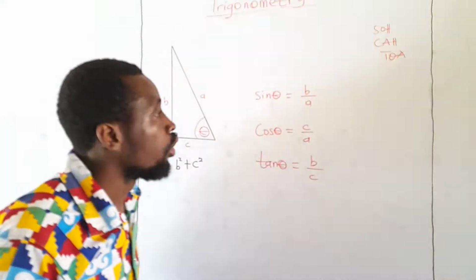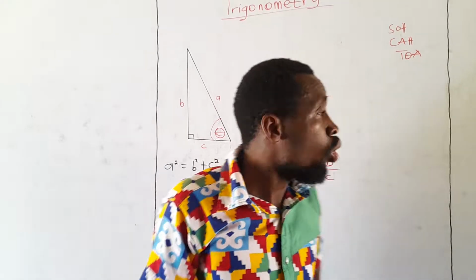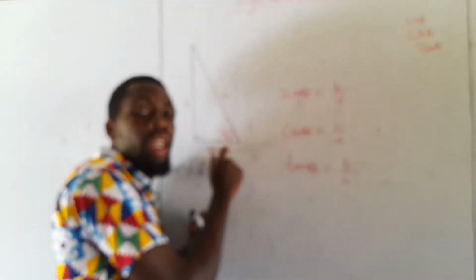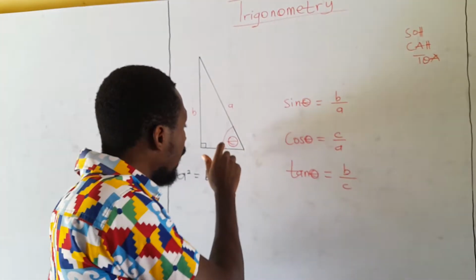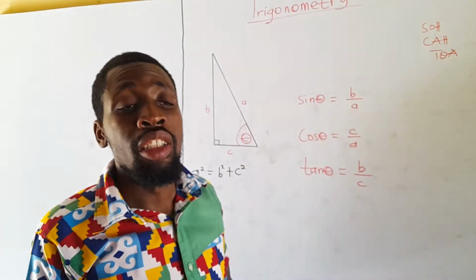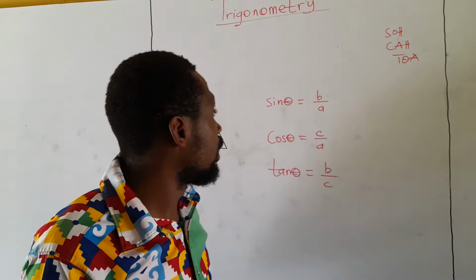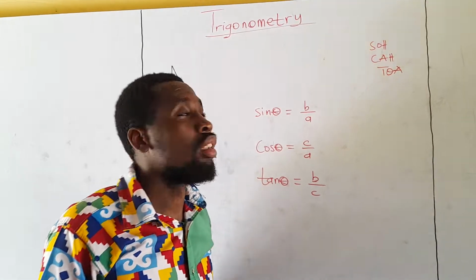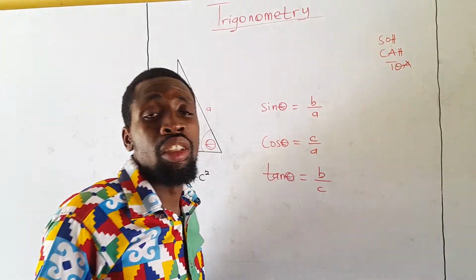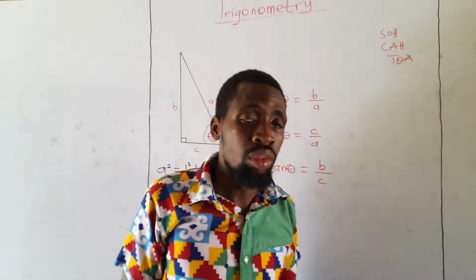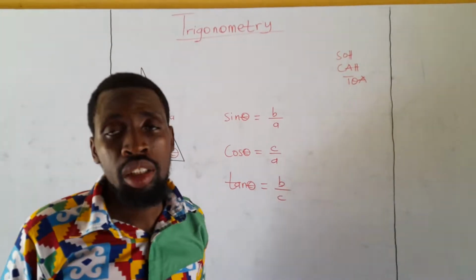And we said that trigonometry comes in when we are asked to find this angle here. To find the angle, we use the basic trigonometric ratios: sine, cos, and tan. To remember them, we use a mnemonic known as SOHCAHTOA.